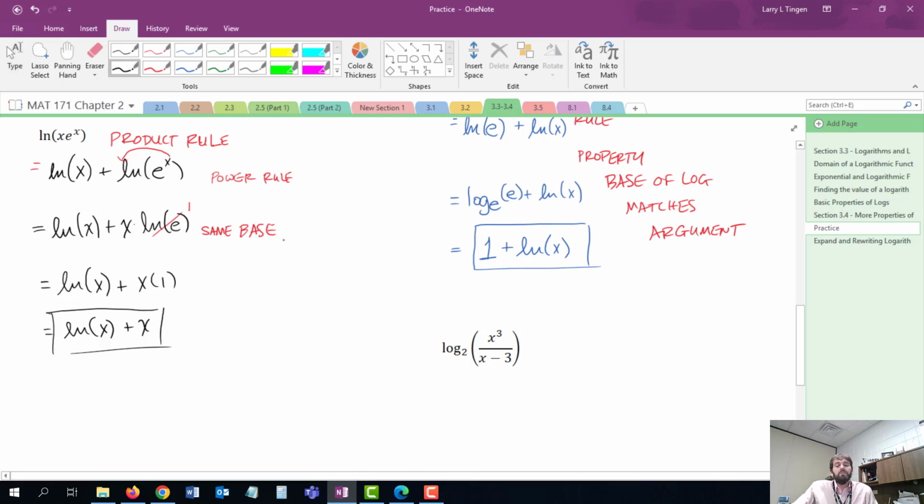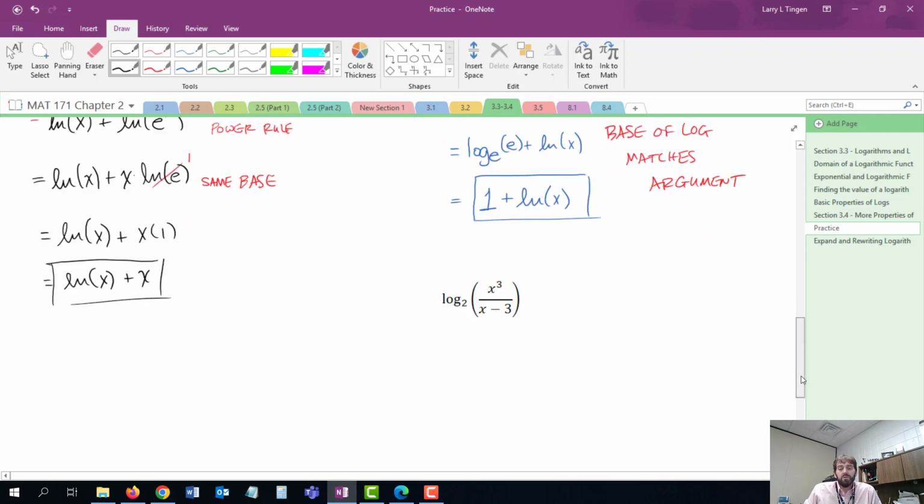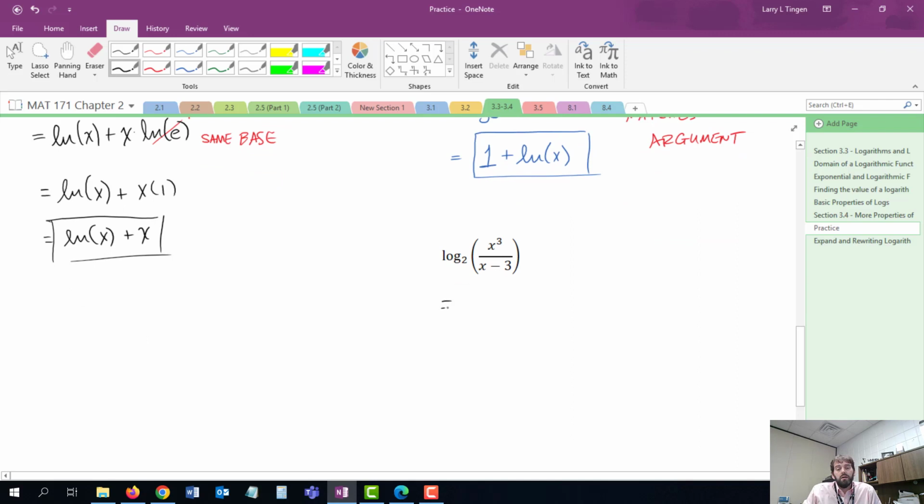I have log base 2 of x cubed over x minus 3, and the quotient rule says I can rewrite this as log base 2 of the numerator plus log base 2 of the denominator.